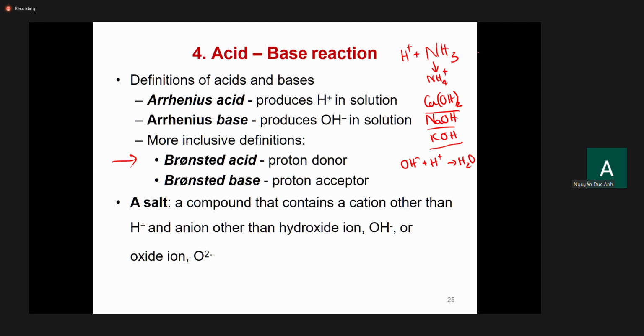So this is a little wider than Arrhenius, and with Bronsted you can say NH3 is a kind of base.